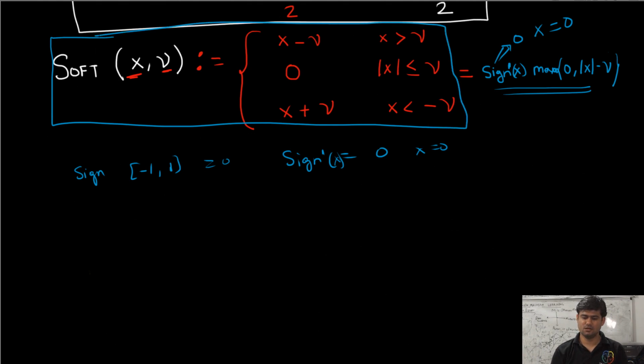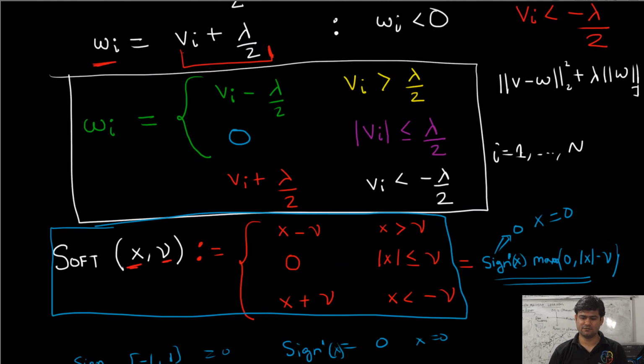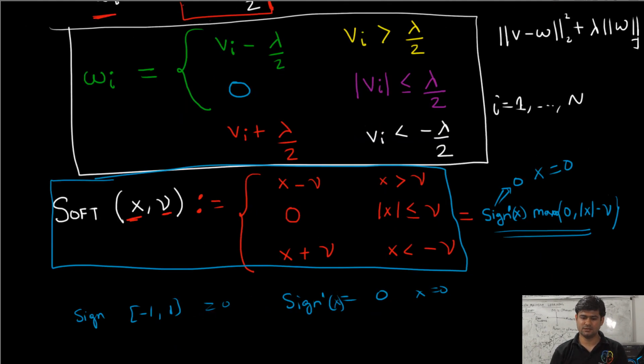And now comparing with the earlier result that we had, that Wi equals Vi minus lambda by 2 when Vi is greater than lambda by 2, equals 0 when the absolute value of Vi is less than lambda by 2, and Vi plus lambda by 2 when Vi is less than negative lambda by 2.